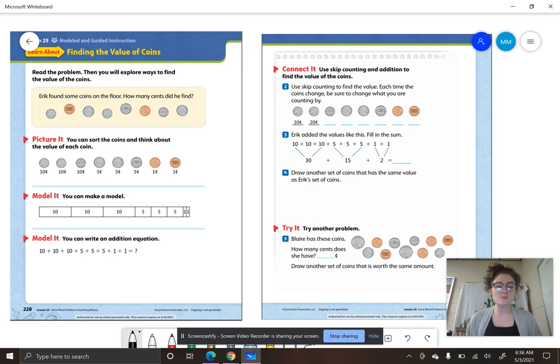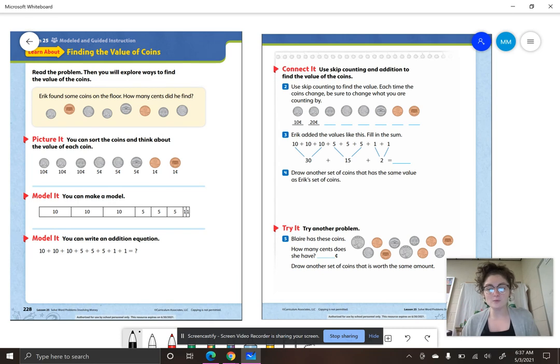So we need to figure out the value of these coins. The first way that we could do is we can show a model. Look at what they did with the model. They made a bar model and they made the values look different based on the amount in that value. So we had 3 groups of 10, 3 groups of 5, and 2 groups of 1.